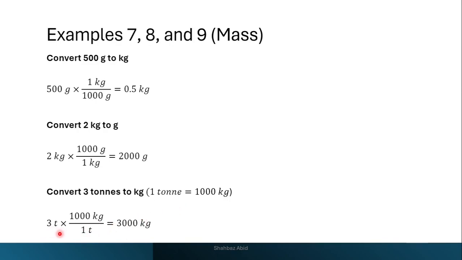So 3 tons is whatever is given to us. 1 ton is actually equal to 1000 kilograms. So 3 multiplied by 1000 is going to give me 3000 kilograms. So ton and ton cancel out each other, and I'm going to have the required unit left. So I'm going to get the answer as 3000 kilograms. So these are the examples related to mass.